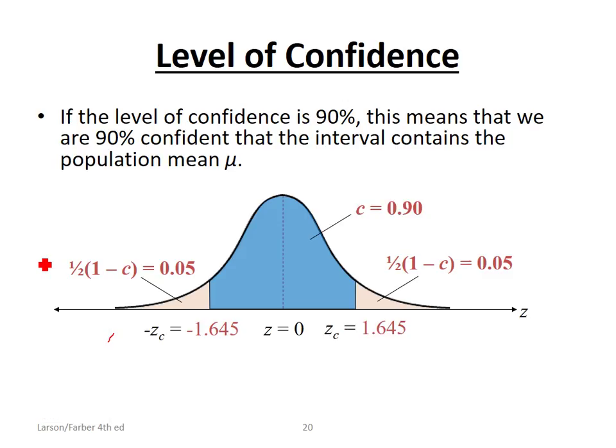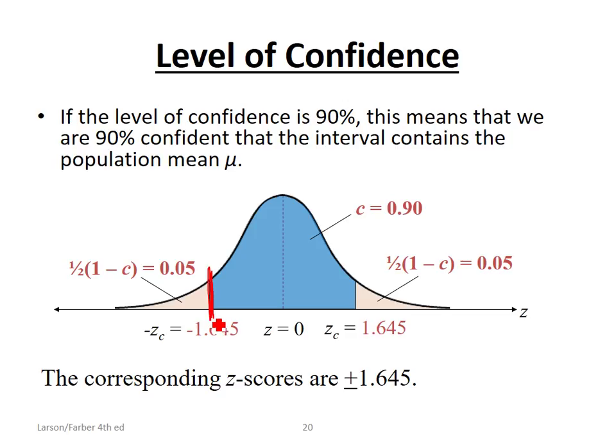So 5% is out there, like we just said. These z-scores are always going to be negative 1.645 and positive 1.645. It's important to know that and to be able to find it on that chart, because then you don't have to find the z-scores manually or mathematically yourself.